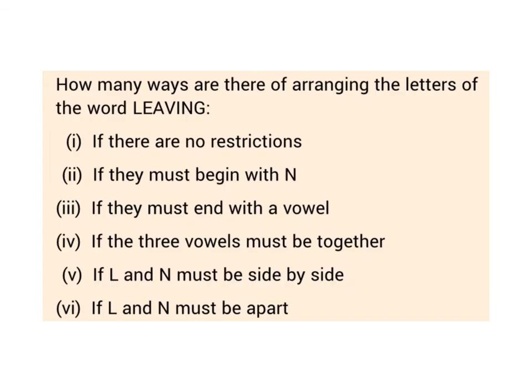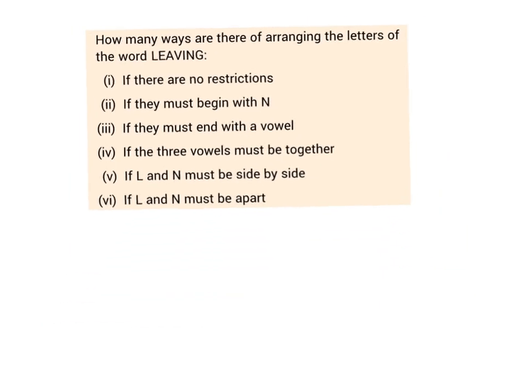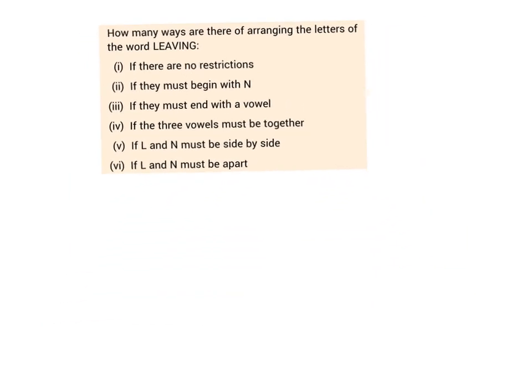Okay, so here we have been given the word leaving, and in part 1 we are asked how many ways are there of arranging the letters if there are no restrictions. Well, in the word leaving we have 7 letters, no restrictions, so that's 7 by 6 by 5 by 4 by 3 by 2 by 1, which we know as 7 factorial.